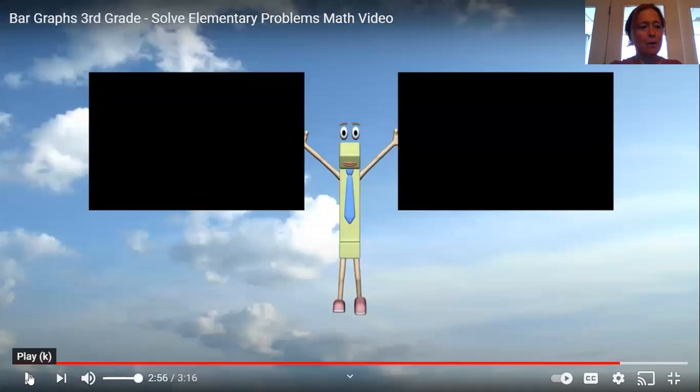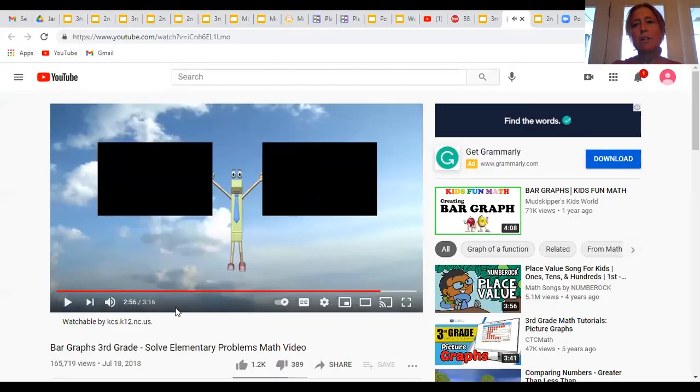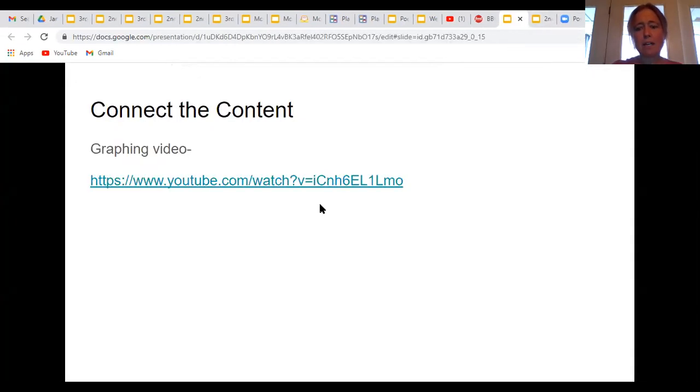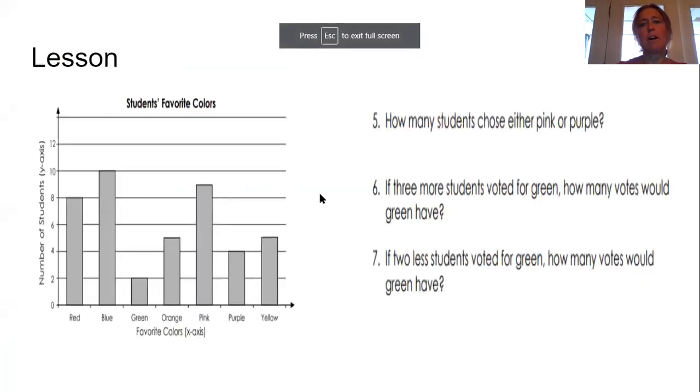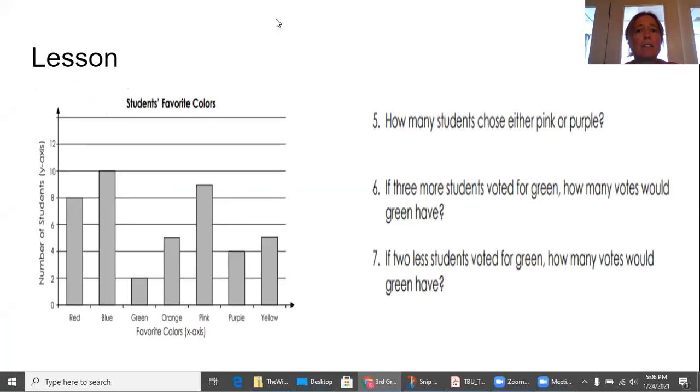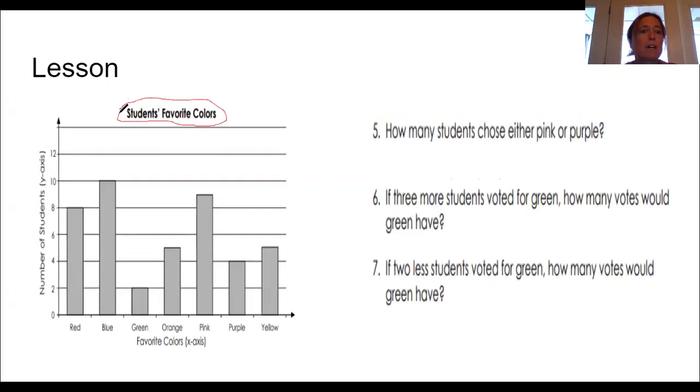Okay, so that was to give you a little bit of a reminder on how to read a bar graph. Today we are going to be working on our own bar graph. The title of this bar graph is Students' Favorite Colors. On the left-hand side, we have the number of students, and across the bottom, we have their favorite colors.